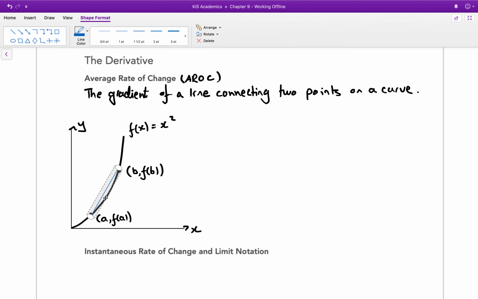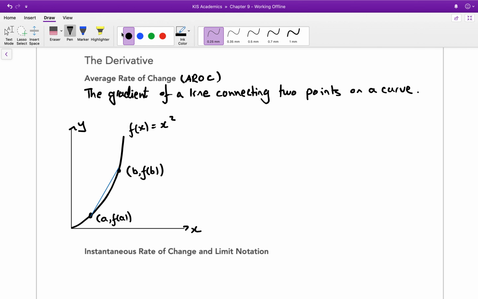And we're going to find the gradient of this line. M is equal to the average rate of change. So in order to find the average rate of change, we want to find the gradient, and that's just through using our gradient formula, y1 minus y2 over x1 minus x2.